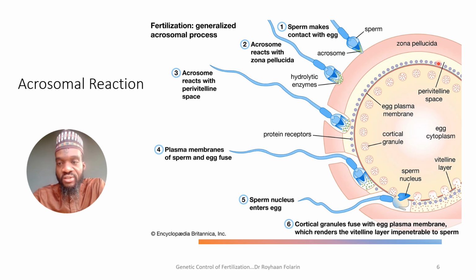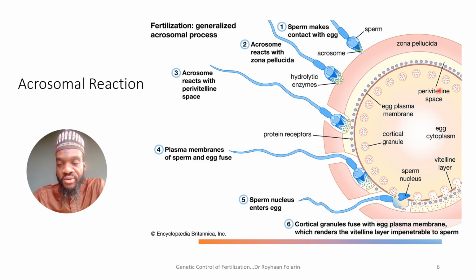So here are the cortical granules that you have. Remember, we mentioned these. Throughout this process, the sperm will come in contact with a number of protein receptors to make this happen.